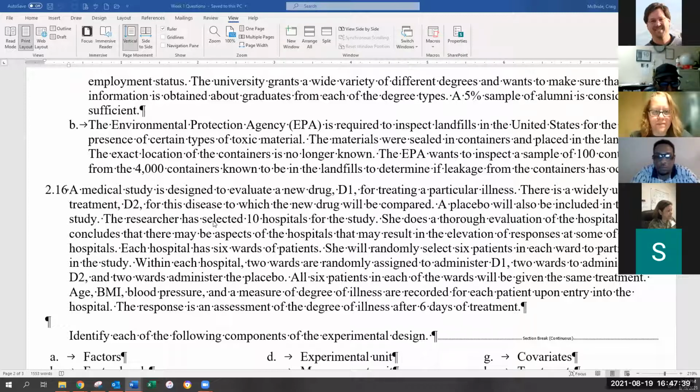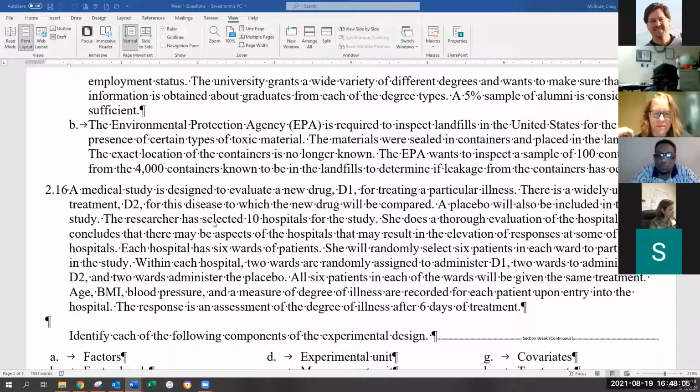And then a degree of illness, well, that's a measurement unit, right? How sick are you? And they give you the little chart and you choose from the smiley face down to the sad face as your degree of illness. That's the measurement unit that they're using. So because they're doing all those measurements on the patient, I would argue that the experimental unit is the patient, because that's the thing that's being measured.